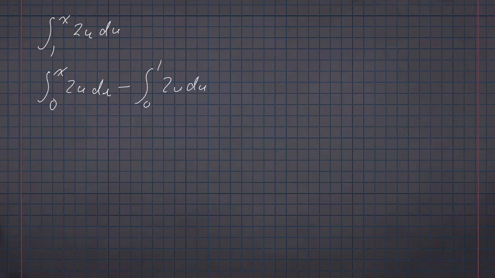That's using properties a little bit differently, but we have essentially the integral from a to b of f of u du is the integral from a to c of f of u du plus the integral from c to b of f of u du.